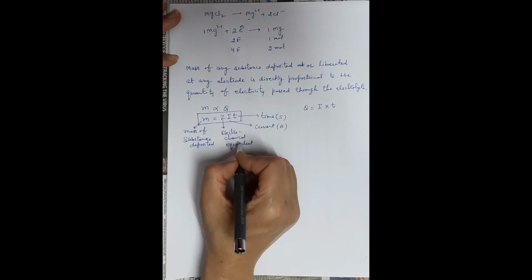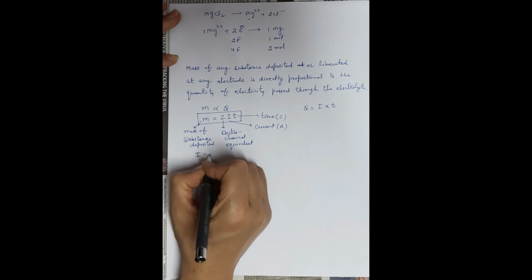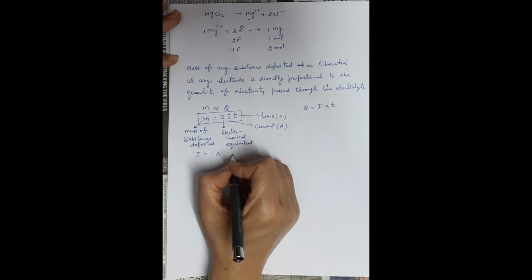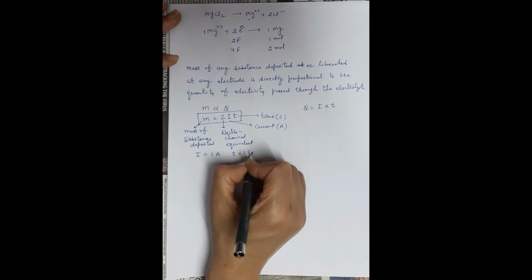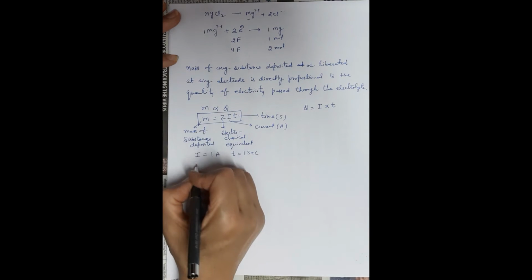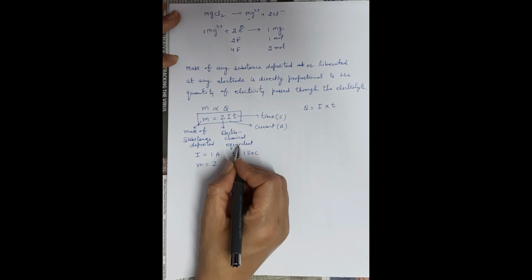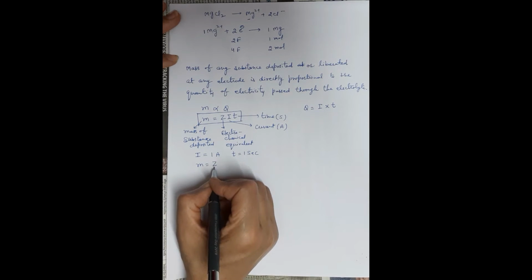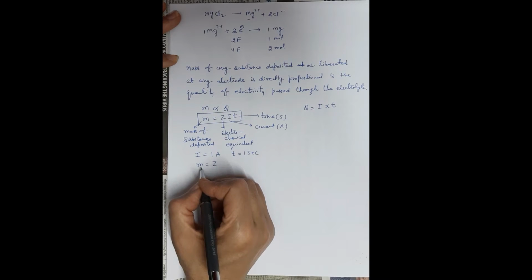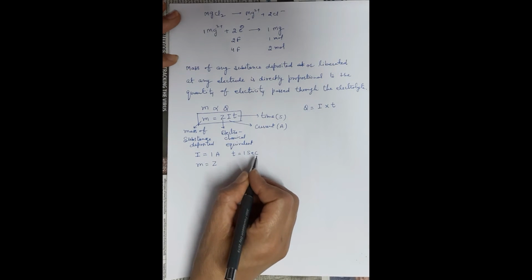How will you define electrochemical equivalent? If I pass a current of 1 ampere for 1 second, so time taken is 1 second, then M is equal to Z. Both of these are 1, so M is equal to Z. How will you define Z or electrochemical equivalent? It is defined as the mass of substance which is deposited at an electrode when you pass unit ampere of current for 1 second, for unit time.